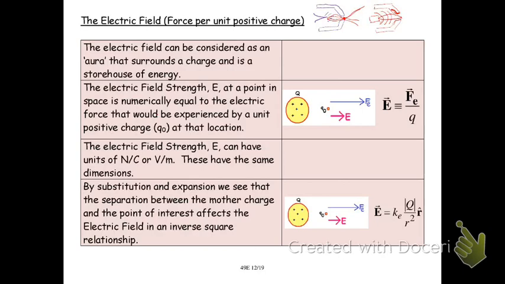So if it was a 5 newton per coulomb field and I put a 1 coulomb charge there, it would feel 5 newtons. But if I put a 3 coulomb charge there, it would feel 15 newtons. Again, the ratio is still 5 to 1. And the trick is, even if I put no charge there, I've still got the field.